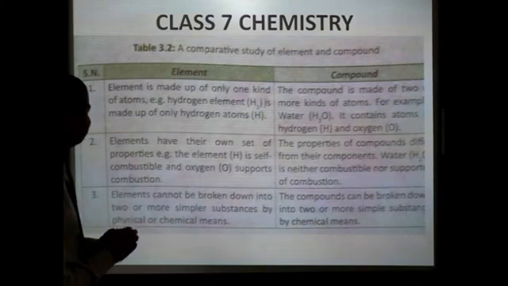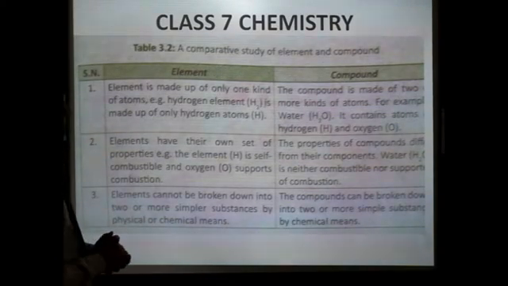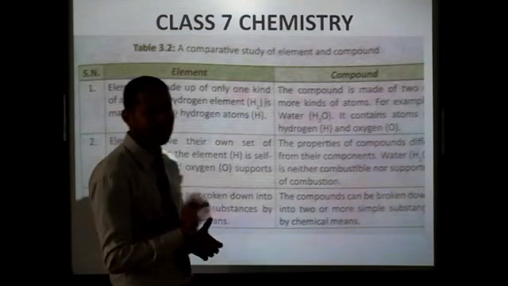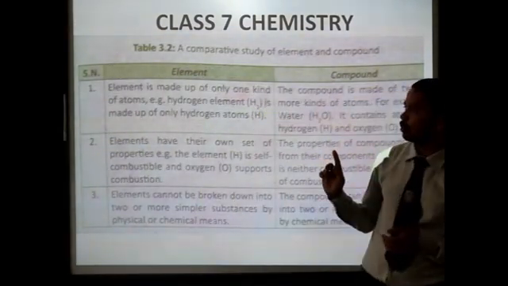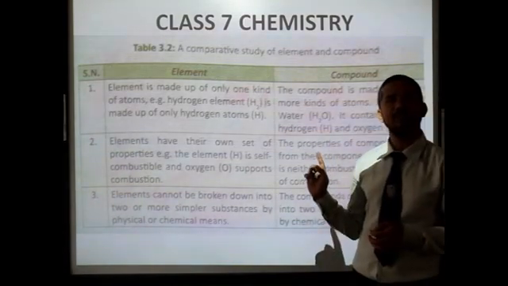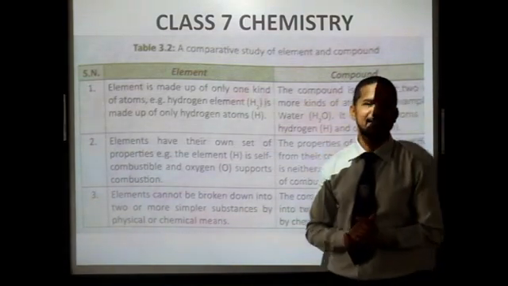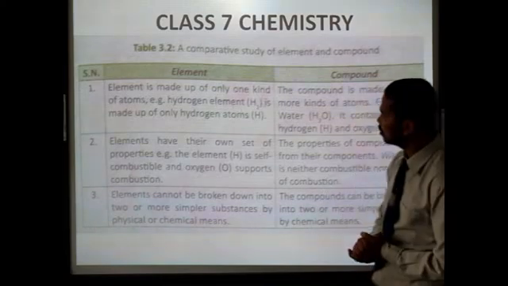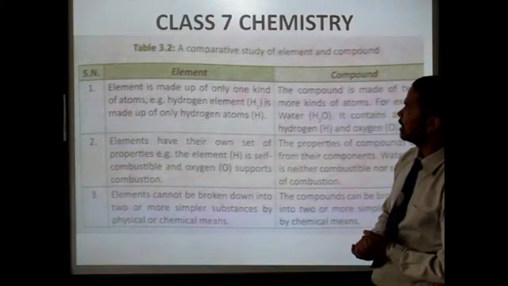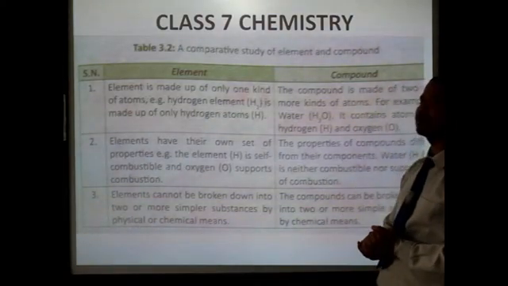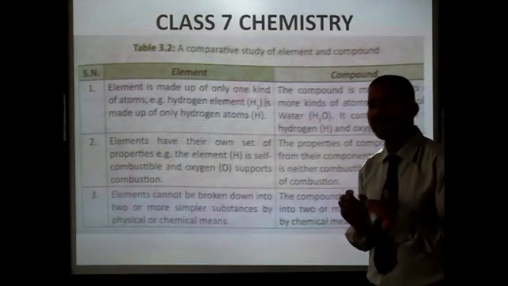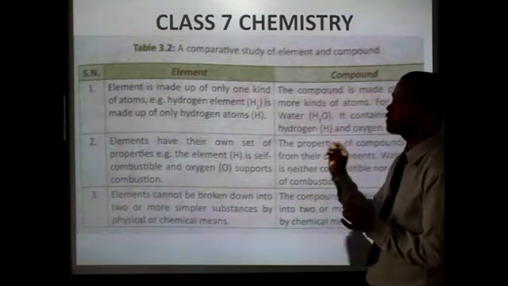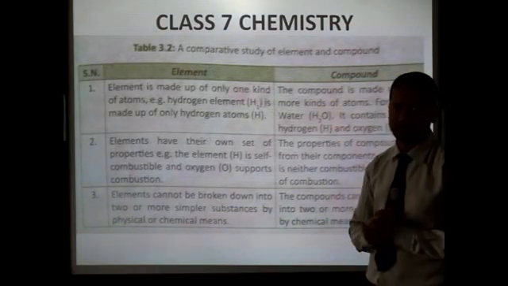It is made up of only hydrogen atoms, that is H. Because it is a diatomic molecule, we write H2. So in the hydrogen element there are hydrogen atoms only, no other elements.